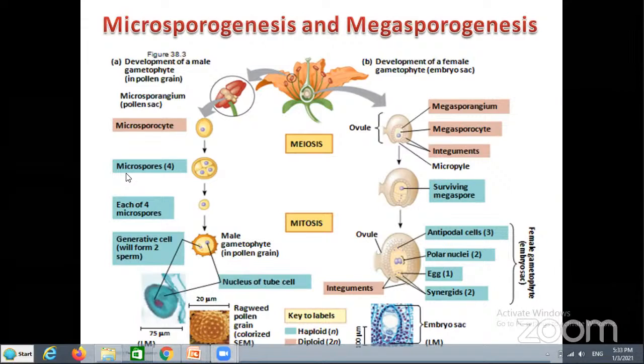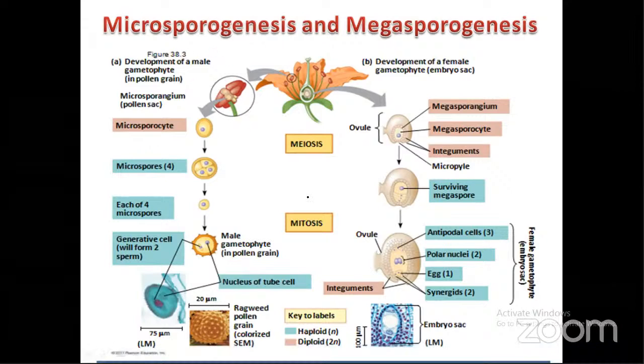Let me write it down here. That is called apetalous. A means absence. Petalous means petal, so the petal is absent in the flower.